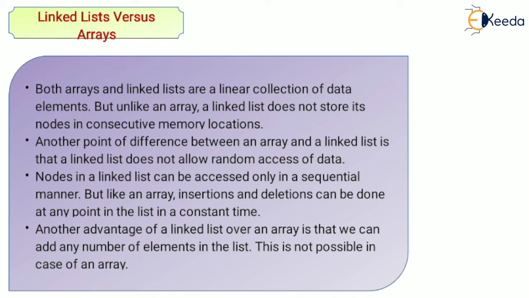In that we are using data elements and pointers. With the help of the pointers, we can point to different nodes, and from that particular address only we are fetching the data. So we are not in a position to access any random data in the case of a linked list, because we are using pointers.